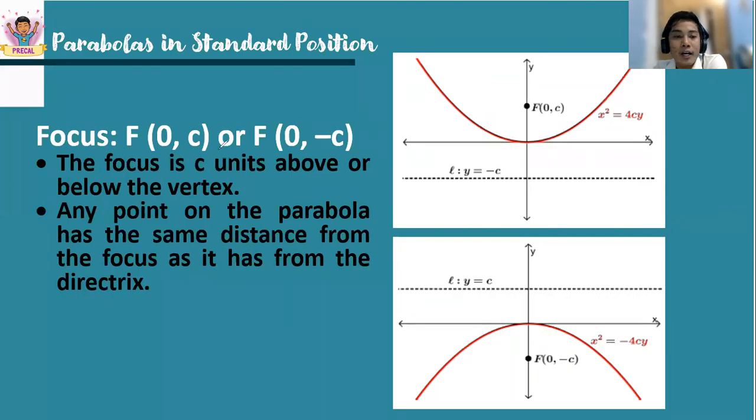So if the parabola opens upward, the focus is located at (0, c), whatever the c distance is. And if the parabola opens downward, the focus is at (0, negative c). The reason is the focus is located below the vertex. Okay, it is below the vertex.